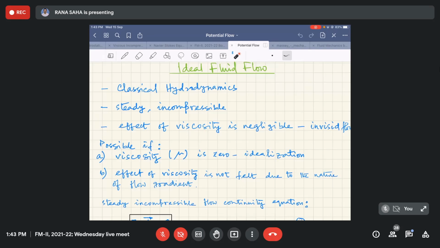Typically, the 18th century was the time when people used to analyze the hydraulic situation using mathematical modeling, and that was purely from the mathematical aspects without looking into the physical situation, considering no friction, that is no viscosity and no boundary layer. So that was the initial approach of dealing with fluid mechanics from a pure mathematical point of view, with certain considerations, as we have already seen. In addition to those three, the flow is going to be steady as well.